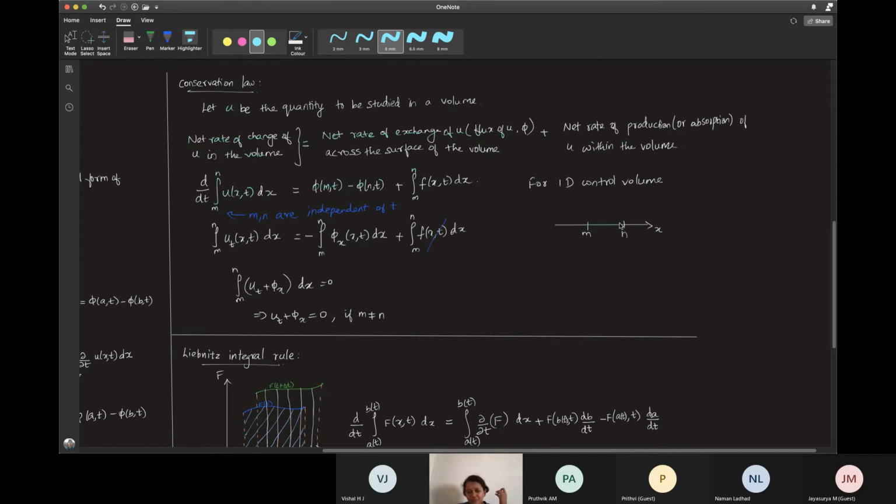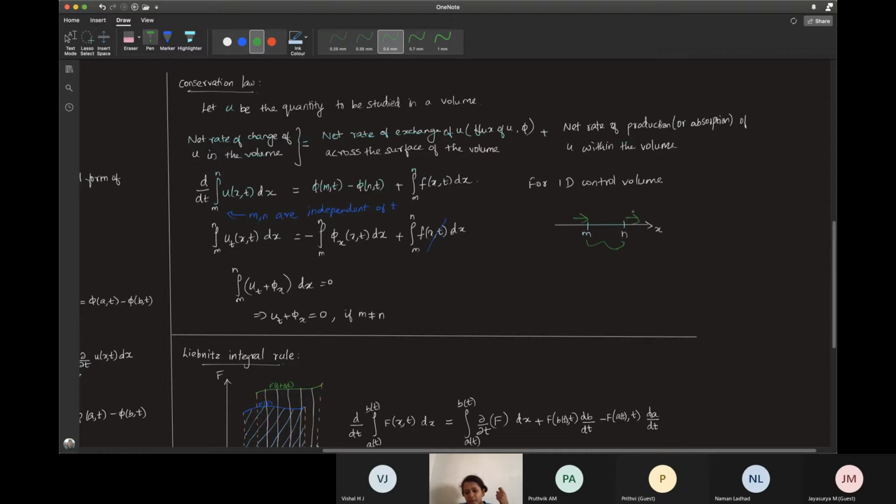Now phi is defined at both points, and phi is positive along the positive x-axis, that is, if it is directed towards the right. This m to n is our whole control volume.